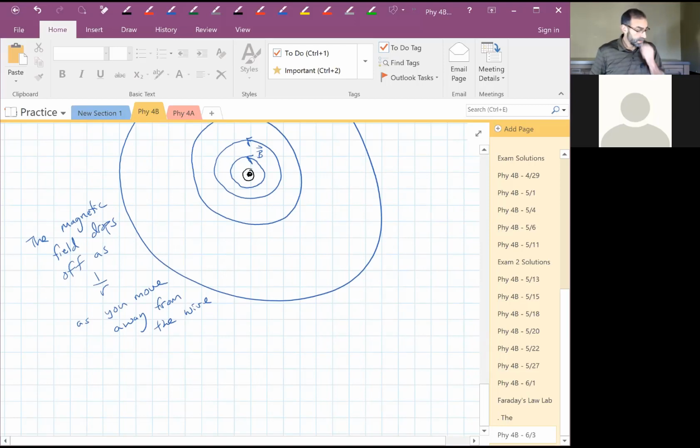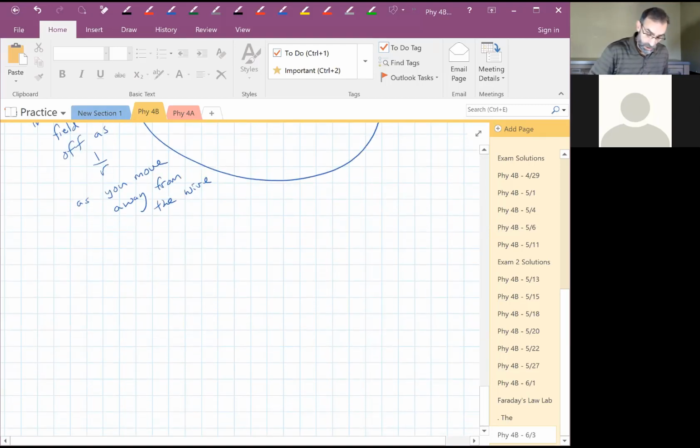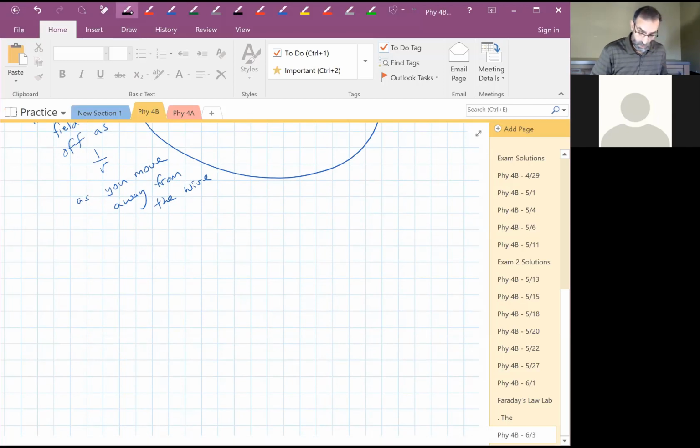Okay. So our law here, our rule, or our equation is the Biot-Savart law.